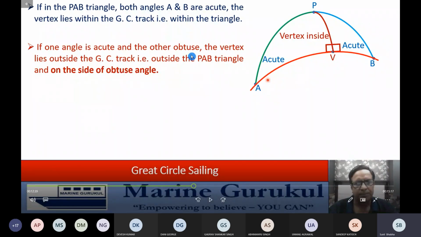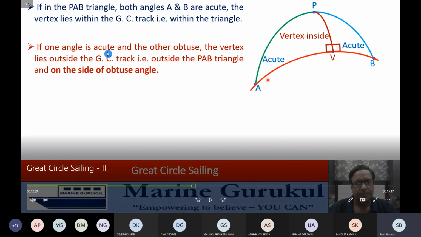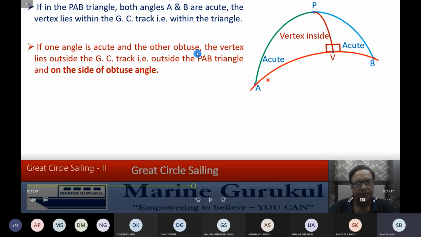Let us say 110 degrees. So one angle is acute, other angle is obtuse.